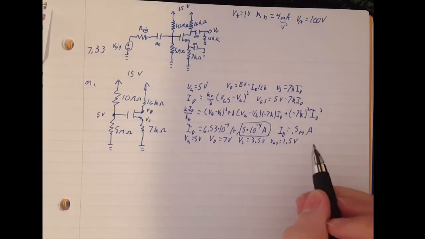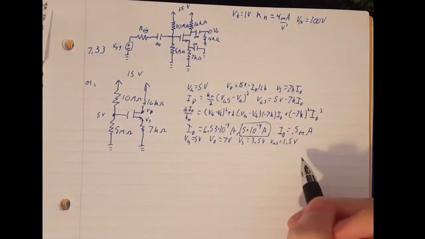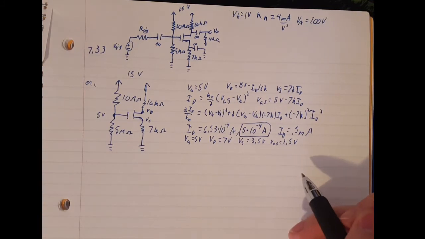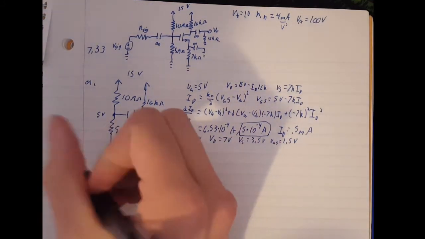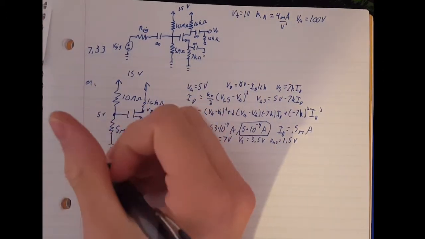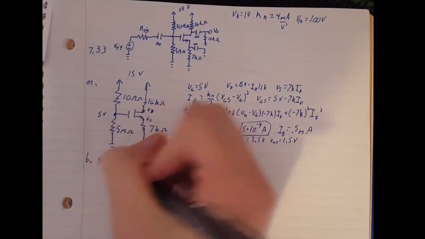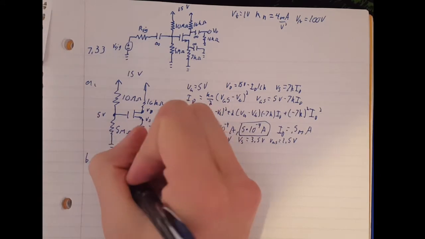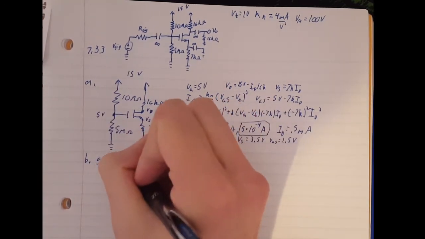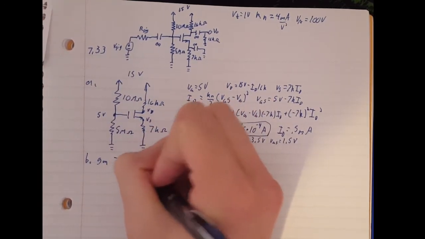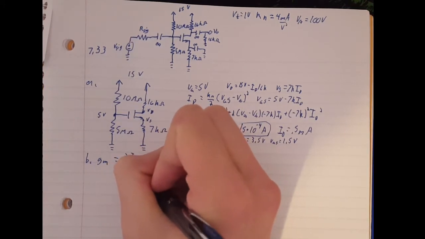So now that we have all this, we can go and start working on B. Part B wants us to find gm and r naught. And those two are easy to find because gm is just 2 ID over V over.